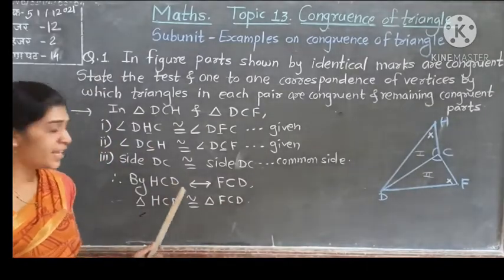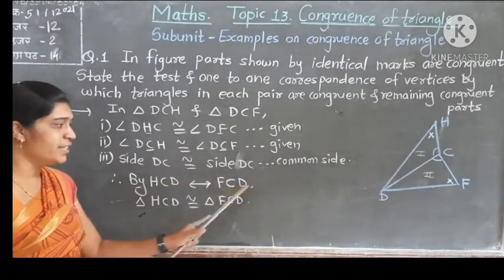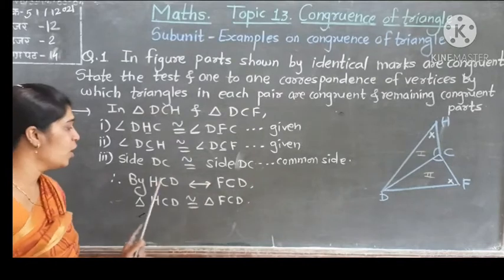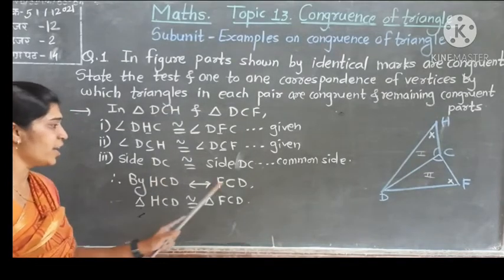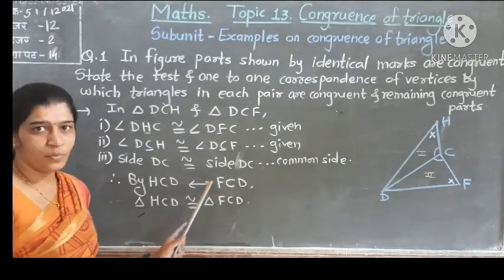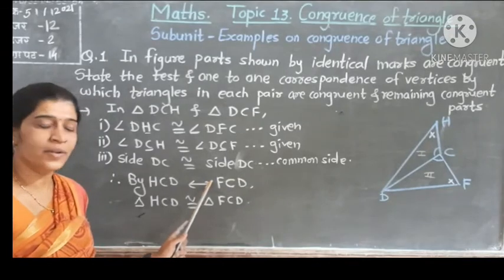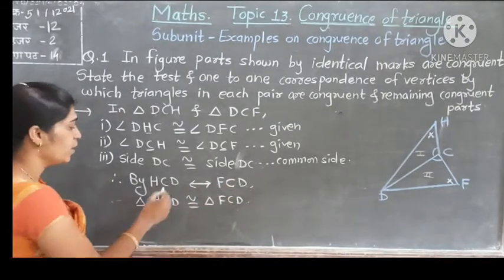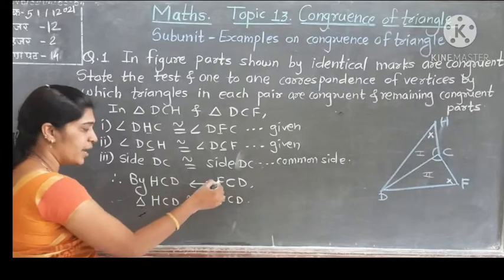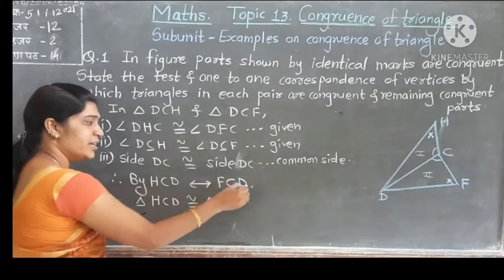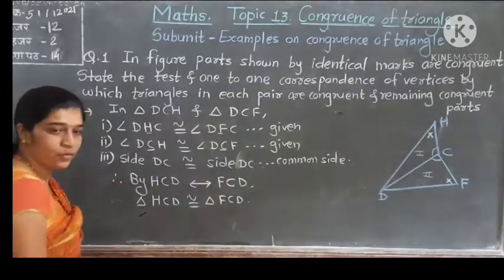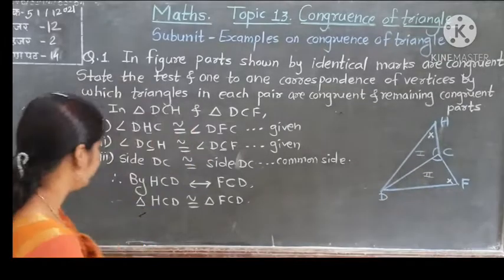You may write this as DCH and DCF, or CDH and CDF. You may write it either way. Therefore, the remaining congruent parts are.